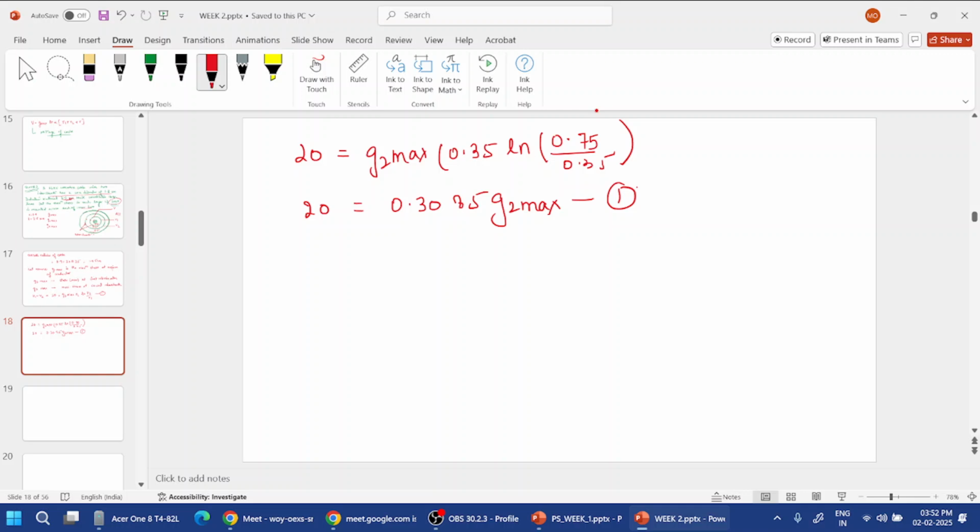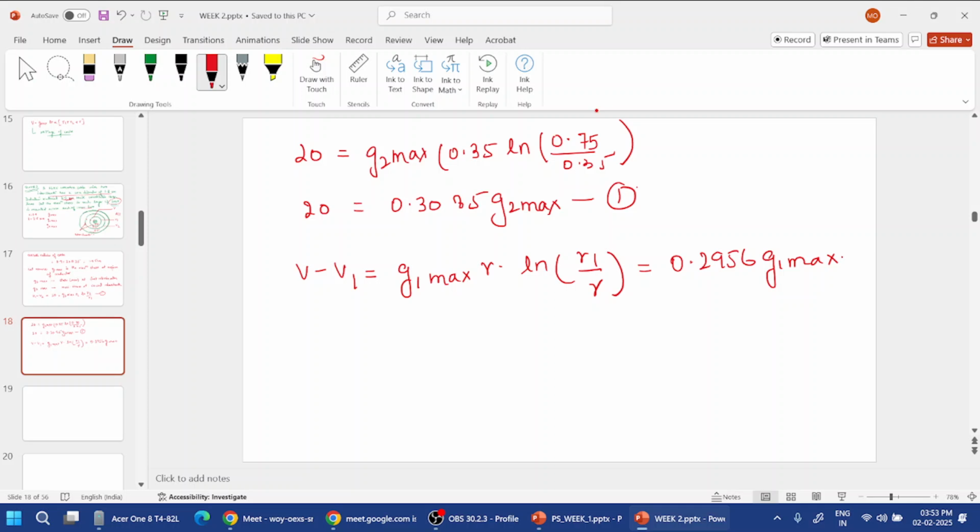Then we have V minus V1. Here it will be G1 max R log R1 by R, because it is calculated at the conductor surface. If you put all these values, its value comes out to be 0.2956 G1 max.